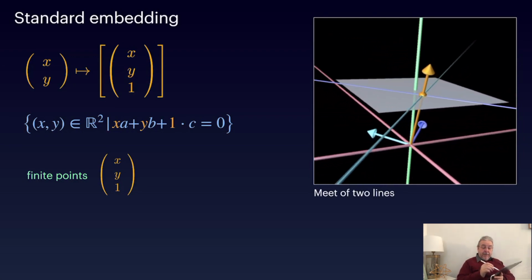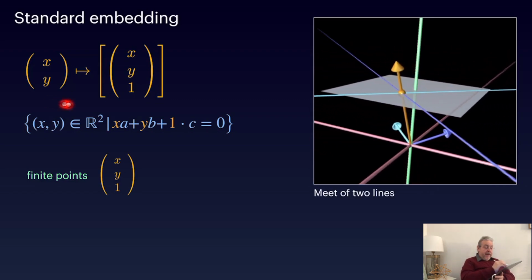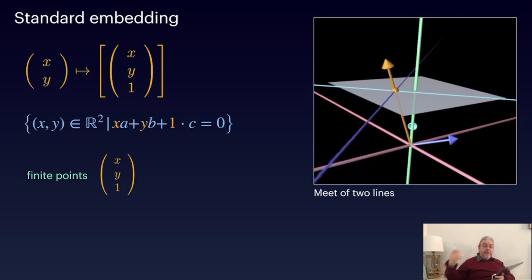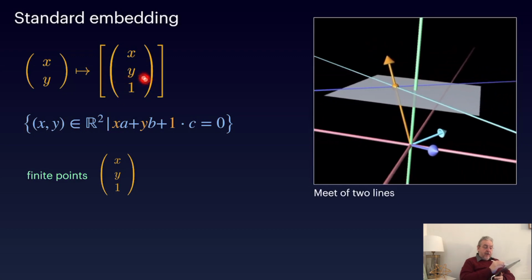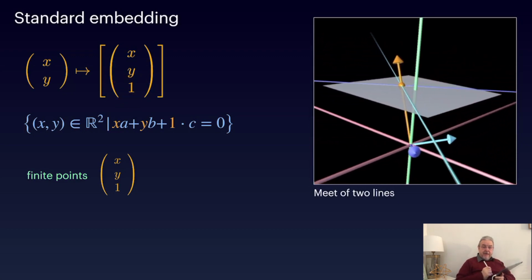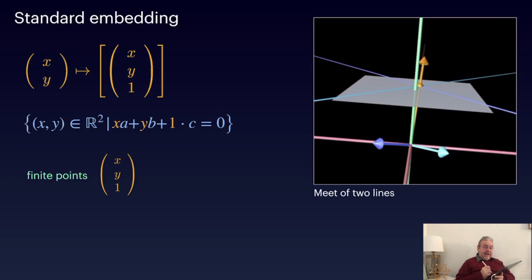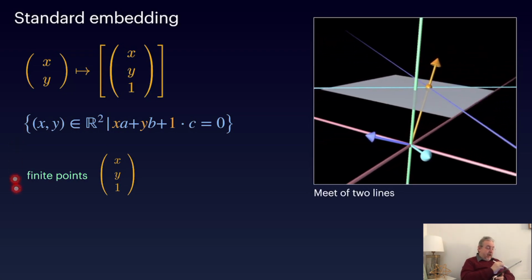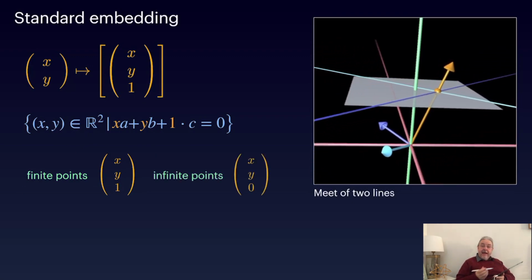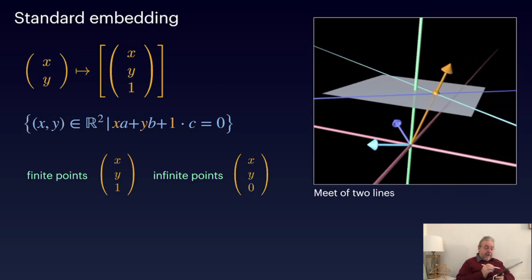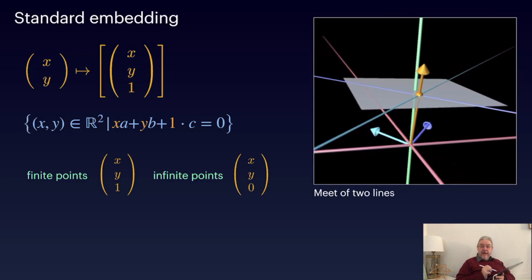Whenever you take a point from your R2 plane embedded that way, you end up with a vector that has a non-zero entry in the last coordinate, essentially saying that you don't get all of them. We call those points in the standard embedding finite points, and there are also infinite points, and these are those that have a zero in the last entry.